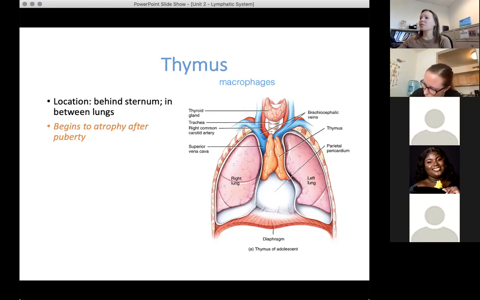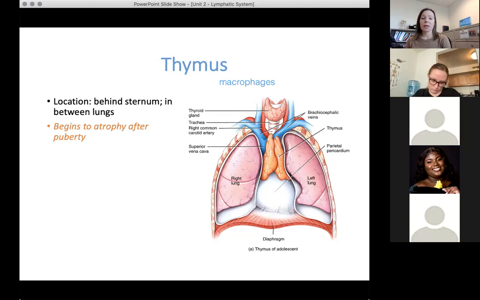It's kind of an interesting organ because it starts off normal. In infants, it's pretty large and it will continue to grow until puberty. But once an individual reaches puberty, this organ actually starts to shrink. Instead of continuing to grow, it starts to get smaller and smaller.